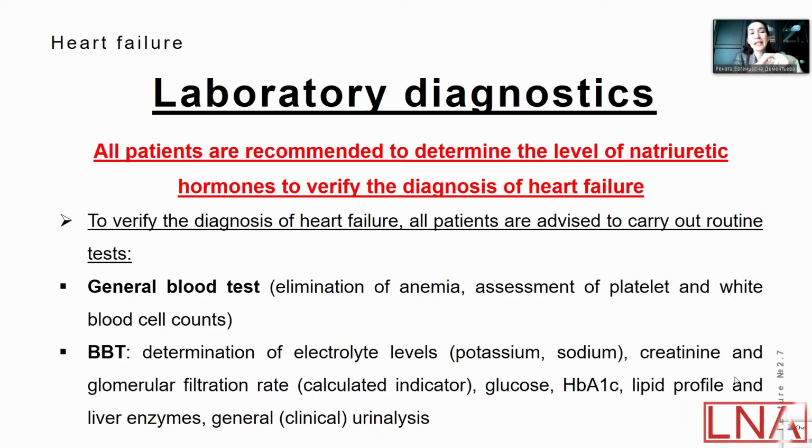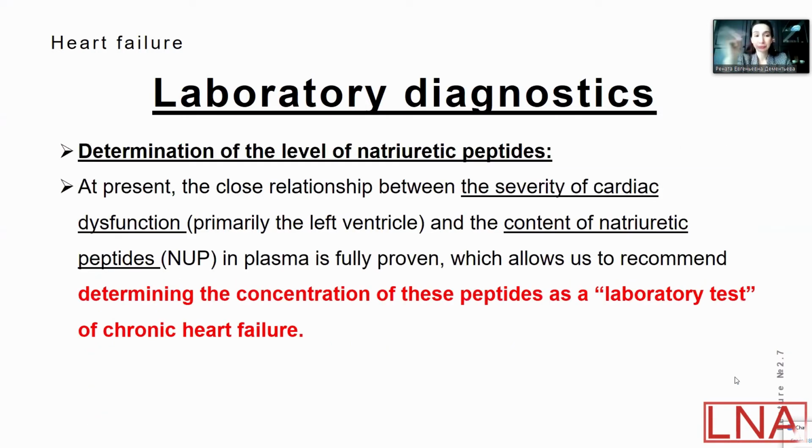We need to include glucose, glycated hemoglobin, and lipid profile to identify the nature of the underlying problem, as well as liver enzymes and general clinical urine analysis. Not excluded, yes? But the main test to confirm the diagnosis of heart failure is the level of natriuretic peptides.